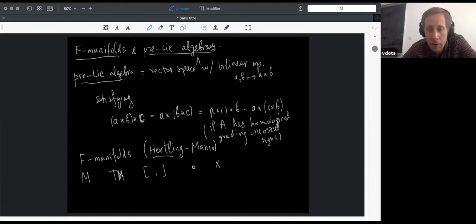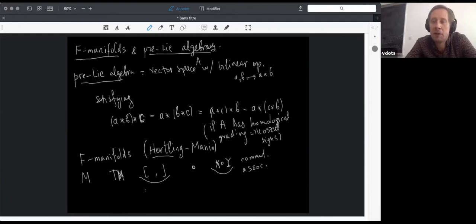So you want to be able to commutatively multiply vector fields. So this is commutative and associative. So far, you have a Lie bracket of vector fields, which always exists, and the commutative associative product, which is something which usually does not exist. And you want to have some compatibility relations.